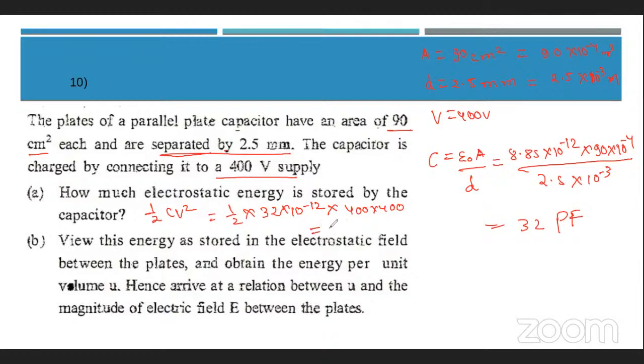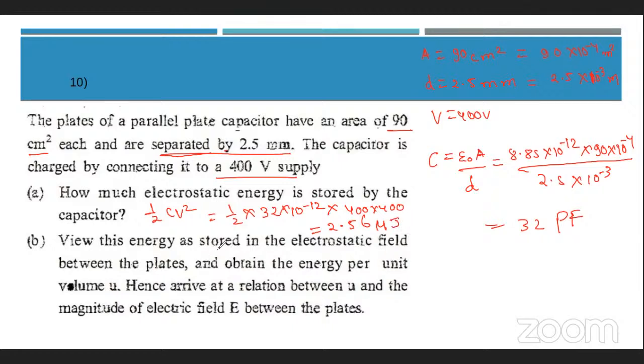So 2.56 into 10 raised to minus 6. Yeah, right. Same answers. 2.56 into 10 raised to minus 6. So I'll write it as micro. I have to find out energy, so joules.